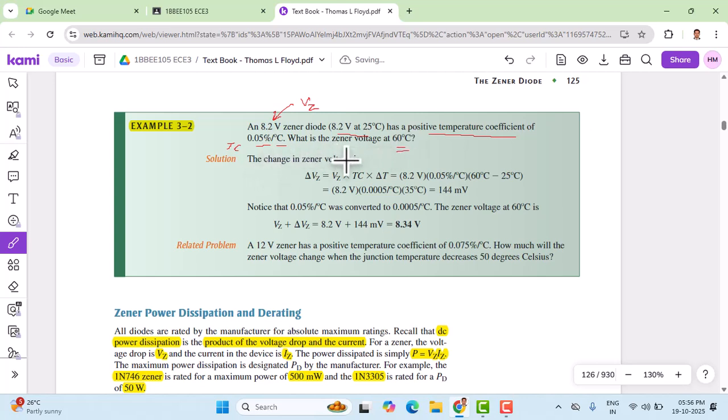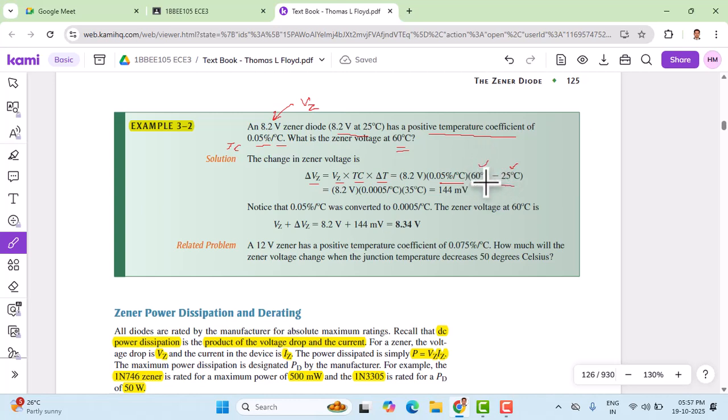Now let us go through the formula. The change in Zener voltage is given by delta Vz equals Vz times temperature coefficient times delta T. Vz is 8.2 volts at 25 degrees Celsius, and the temperature coefficient is given as 0.05% per degree Celsius. The reference temperature is 25 degrees, and what is expected is at 60 degrees Celsius.